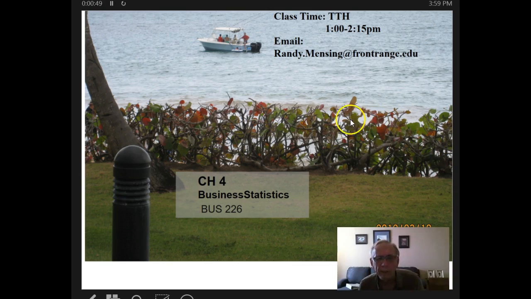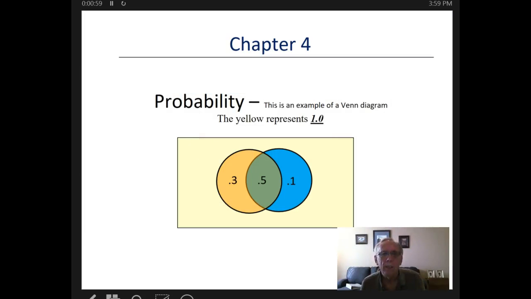Now that we have completed quiz number 1, we need to move on to chapter 4, where we're going to study a bit about probability. We're looking at a Venn diagram here, and the important thing to remember is that everything inside that yellow line represents 100% of all probabilities.